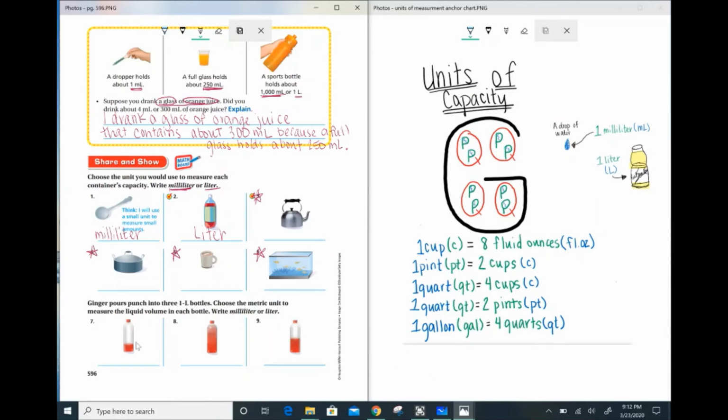So first of all, I know that all these bottles equal to 1 liter. So this one, number 7, is definitely less than a liter. So I'm going to have to measure that in milliliters. You're going to go ahead and do 8 and 9 by yourselves.